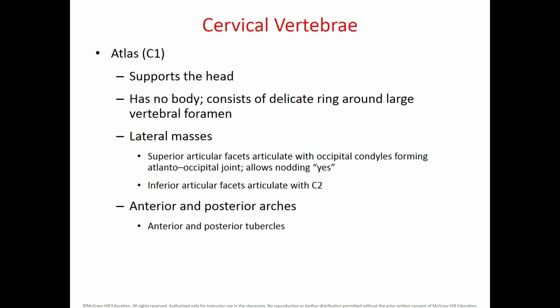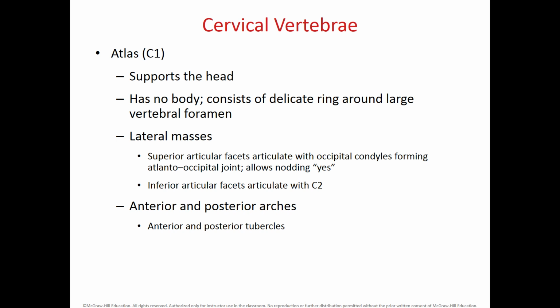And it has a delicate ring around the large vertebral foramen, and instead of a body has lateral masses. And these lateral masses have superior articular facets that articulate with the occipital condyles, so you can nod, so you can say yes. And this will form the atlanto-occipital joint because it's the connection between the atlas and the occipital bone.